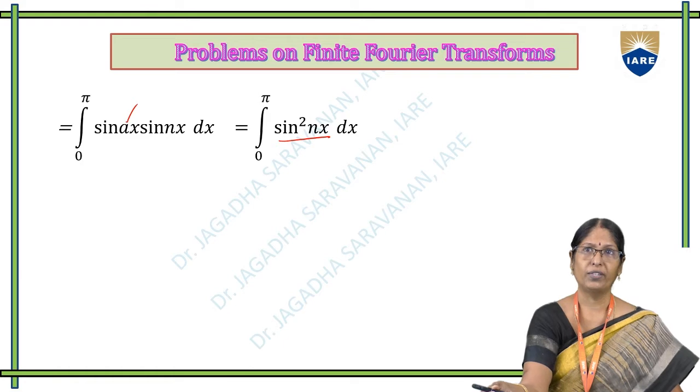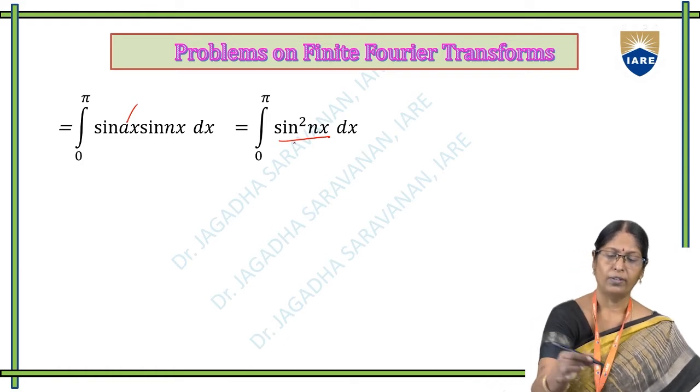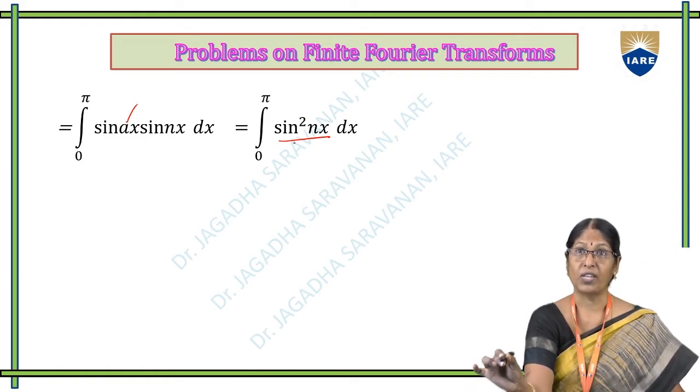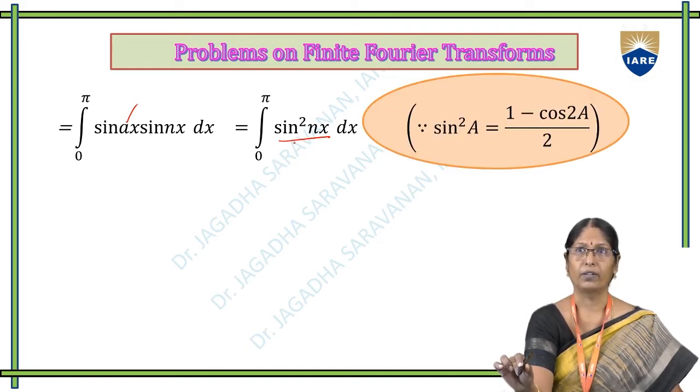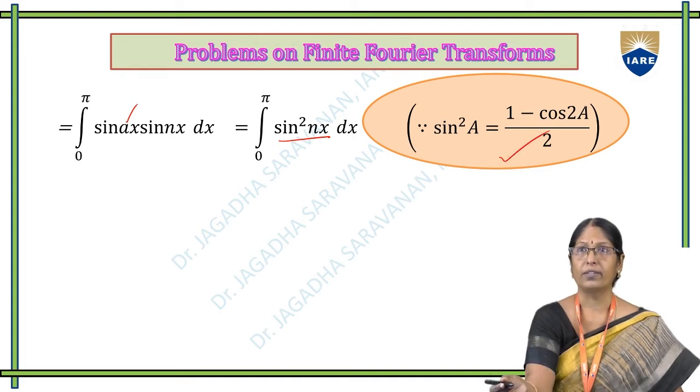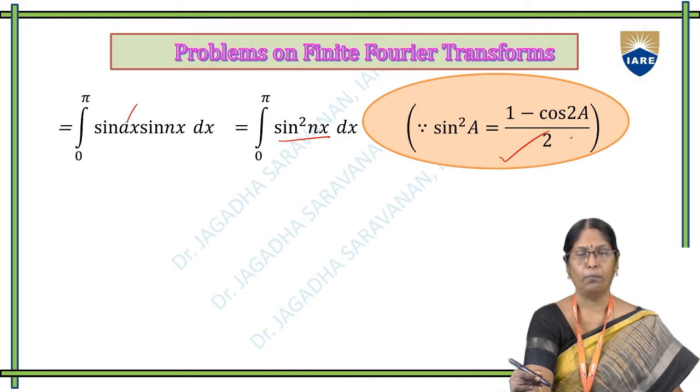Here also, to do the integration, if the trigonometric term sine has a power, the corresponding trigonometric formula is to be substituted. So the formula is nothing but (1 minus cos 2A) by 2.